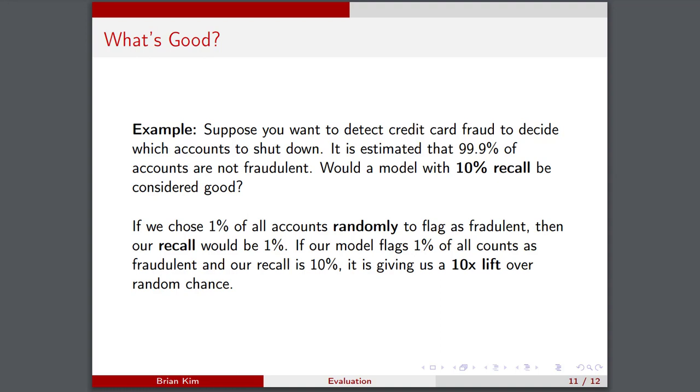If our model flags 1% of all accounts as fraudulent and our recall is 10%, then it's giving us a 10 times lift over random chance. So this improvement that we get with our model is what we're interested in. Just because we have 10% recall, which might seem low, doesn't mean that's bad. It's about looking at how much of an improvement we get over random chance or over other models, compared to all the different models that you might have run.